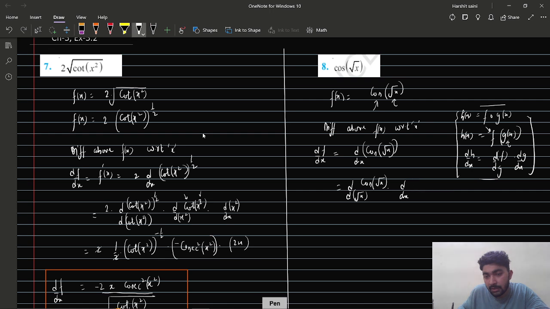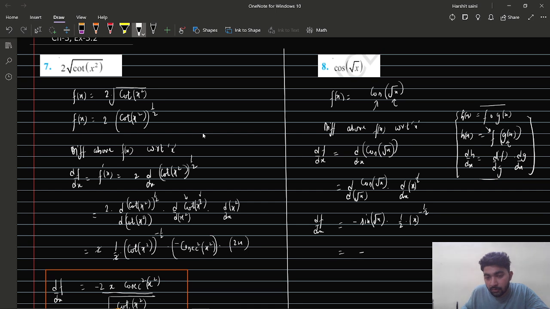And how can we write it? We can write it as x raised to the power 1 by 2. Okay, so here how can we differentiate? It will be minus sin of root of x will come, and here 1 by 2 x raised to the power minus 1 by 2, because 1 by 2 minus 1, it will come on differentiation. Okay, so this is your df upon dx.